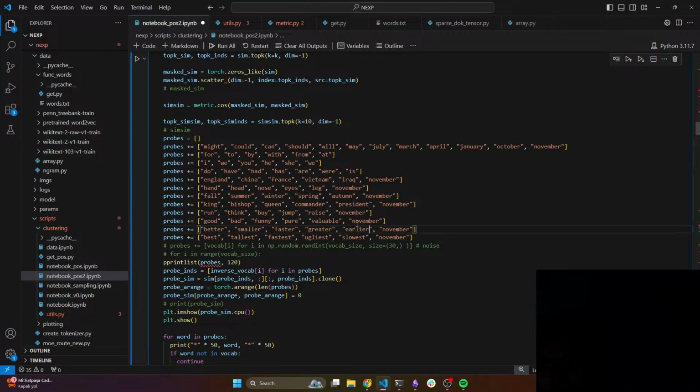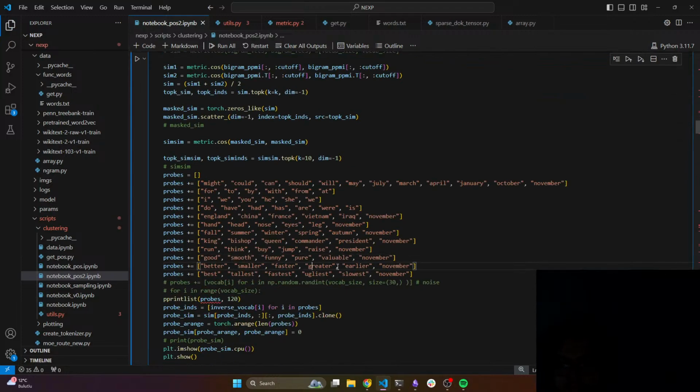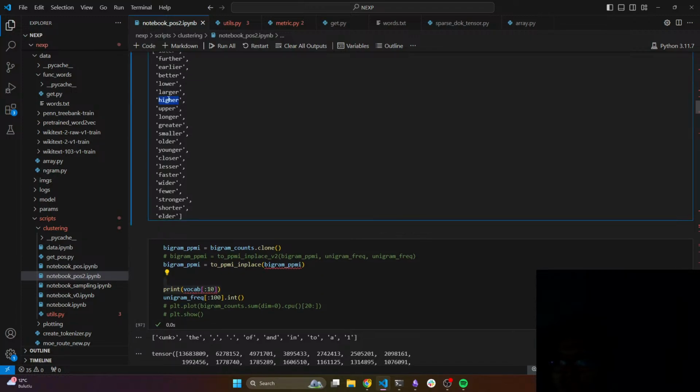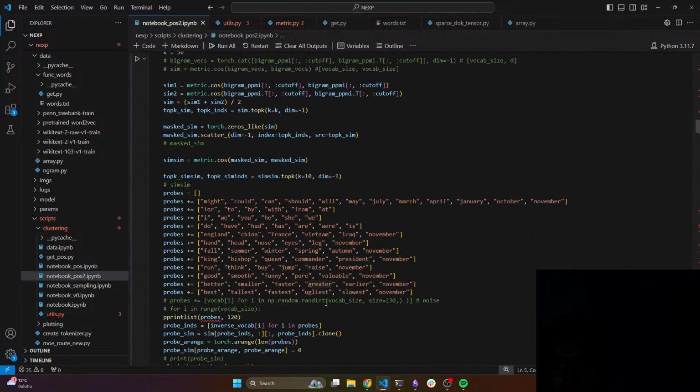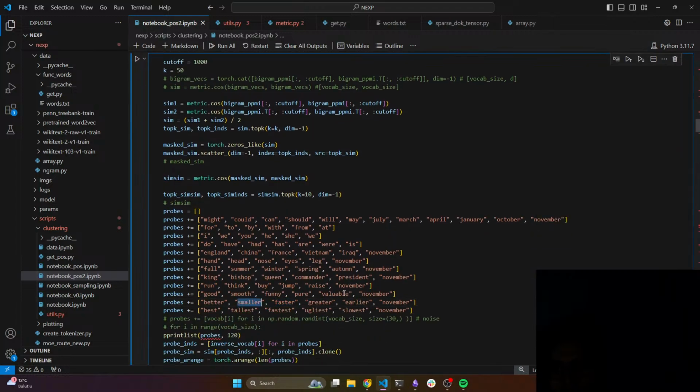Earlier. In that case, I could just swap this with smooth. Higher. Greater, higher. Stronger. So let's replace one with stronger, right? Greater, okay, whatever. I'll keep it.